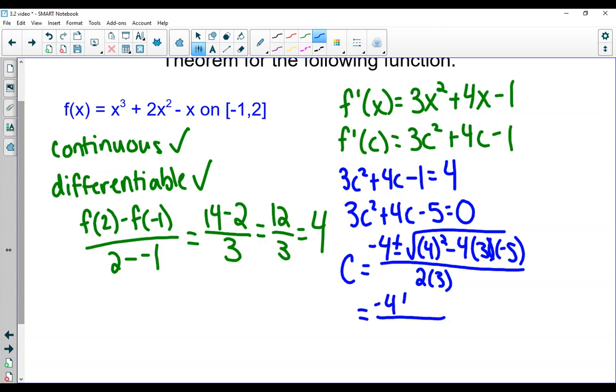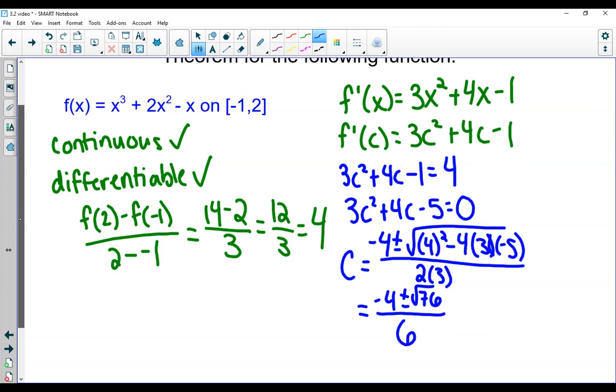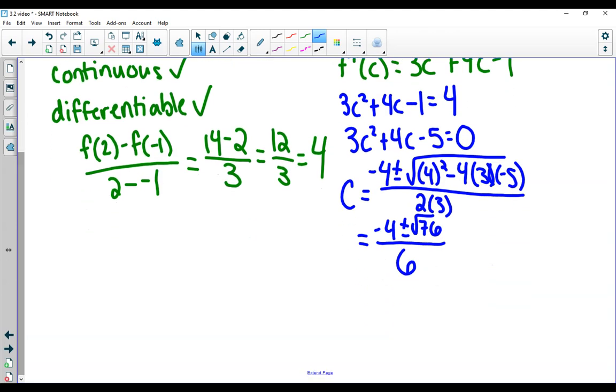So -4 plus or minus the square root of, I get a 6 on the bottom, 16 minus -60 gives me a square root of 76. So again, it looks like we're going to get two values for c. I'm going to write them over here to the left. One is going to be where we subtract the square root of 76. The other one is going to be where we add the square root of 76.